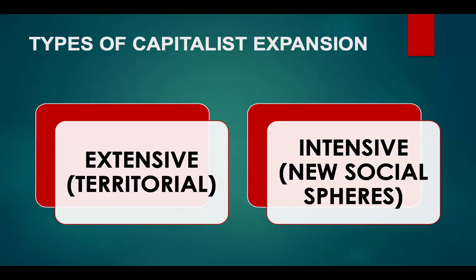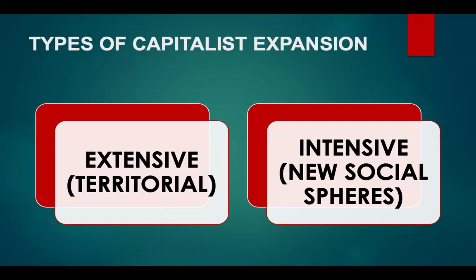These forms of expansion describe how capitalism grows either by spreading into new territories and markets or by deepening its influence within existing economies and societies. Both processes have historically shaped globalization and continue to drive economic transformation today.